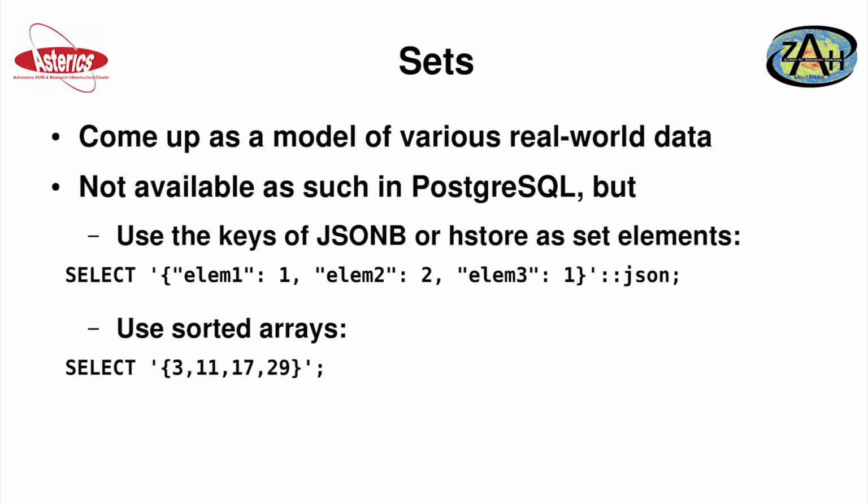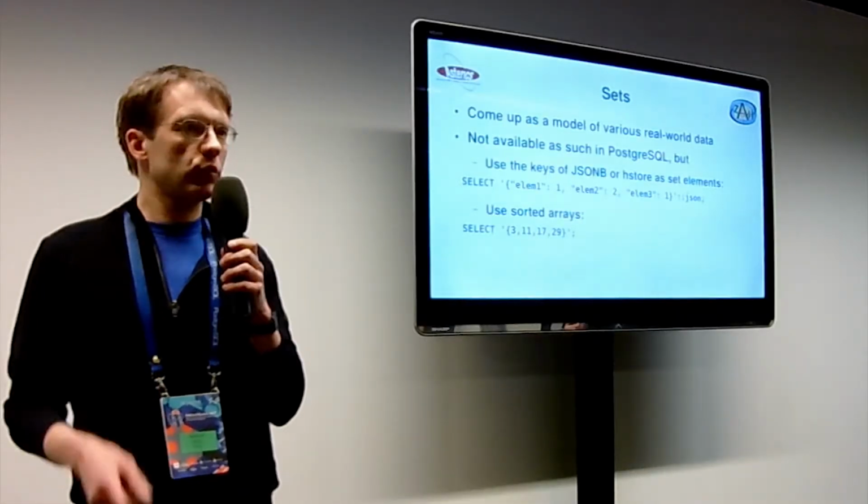sets do come up occasionally when we want to model data that is more complex than just integers or strings or something. I think you have the best idea with your own domain knowledge where they may occur. There is no data type called set in Postgres, but you could use various that are already there.